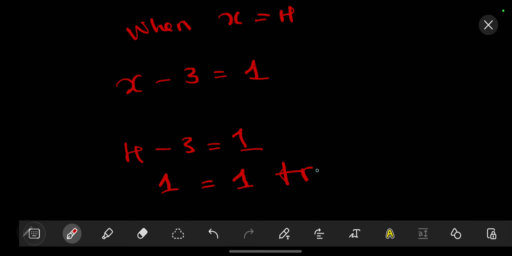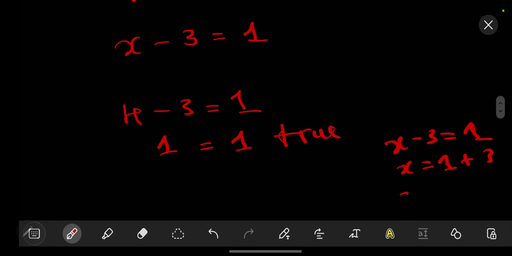This is true, which we found just using the normal way: x minus 3 is equal to 1, if we take the 3 to the other side, we have plus 3, and the value of x is equal to 4. So one might be true, one might be false as a result of squaring. So you have to verify. That's how the principle of radicals works.